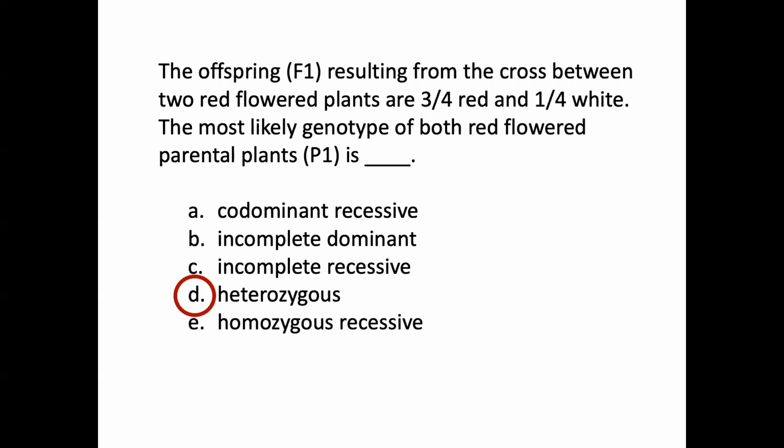The F1 in this question basically is the F2 generation in Mendel's experiment. So the red flowers can produce both red and white flowers in their offspring, indicating that red is a dominant trait and white is a recessive trait. In addition, the P1 plants have to be both heterozygous in order to produce recessive offspring. So only D is the correct answer. Did you get it correct?